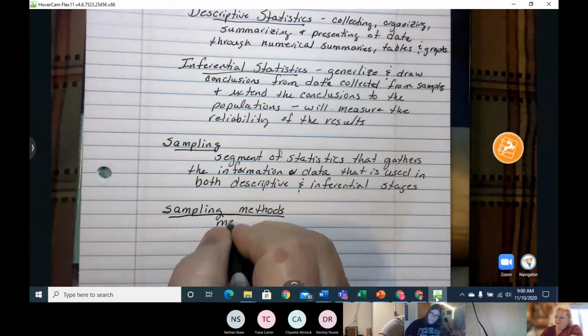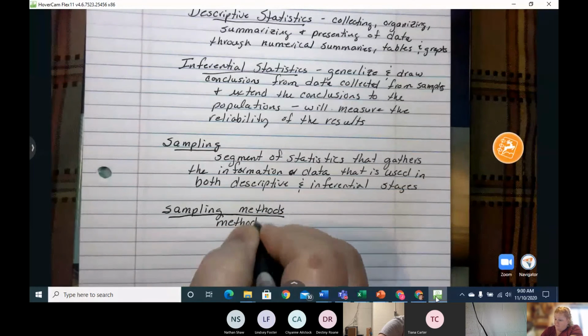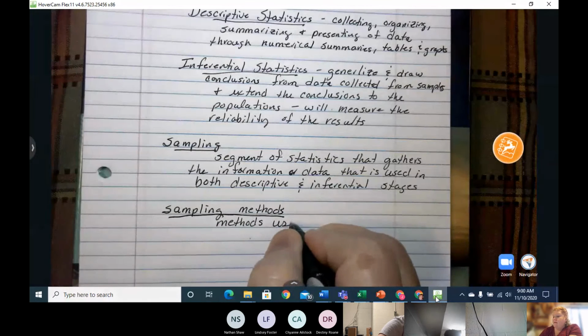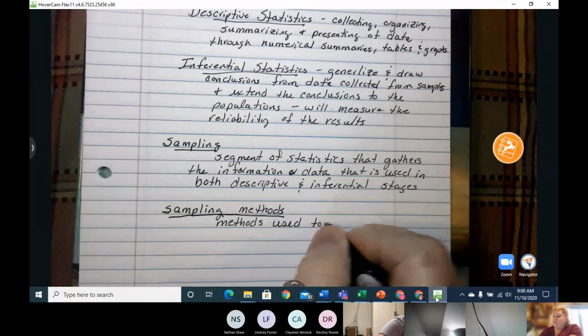Sampling methods. Pretty much what it means is the methods that are used to collect the data.